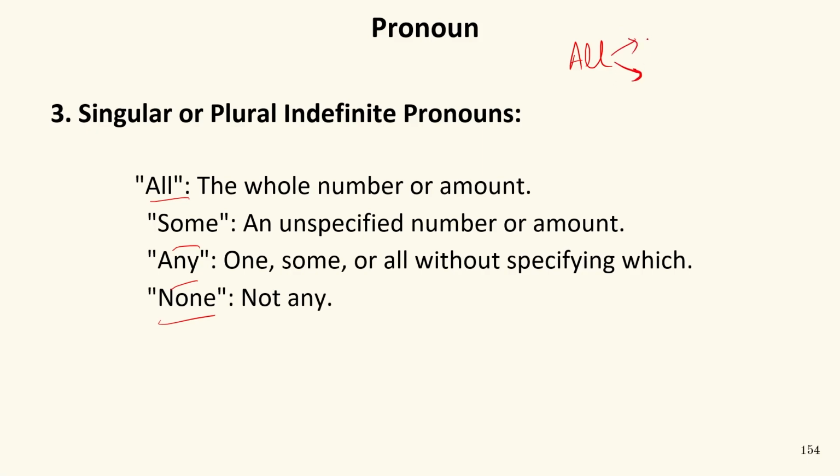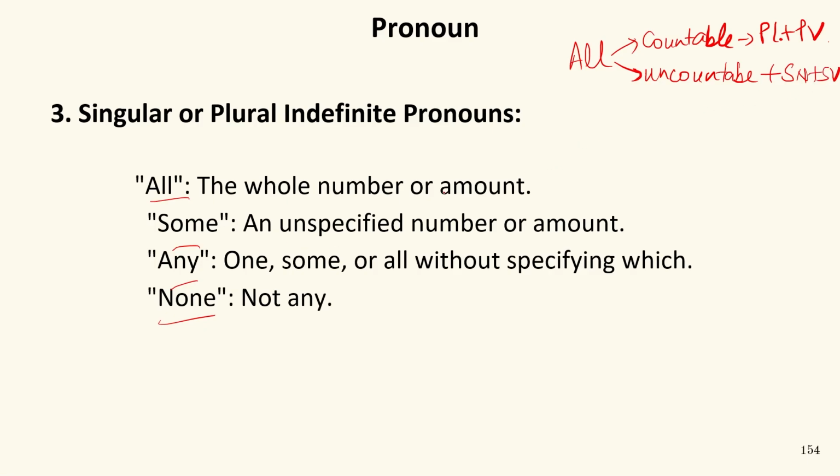Now, in case of all, if we have a countable noun, it should be in plural form and we take a plural verb with it. If we have an uncountable noun, we know very well that uncountable is always singular, so there will be a singular noun and a singular verb will be used.